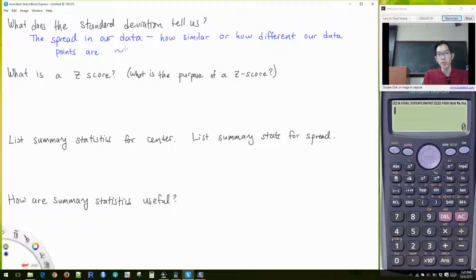And one loose definition would be the quote unquote typical distance between each point and the mean. So if each point is similar to each other, then they would also be very close to the mean. If each point is quite different from each other, then they would be far from the mean.